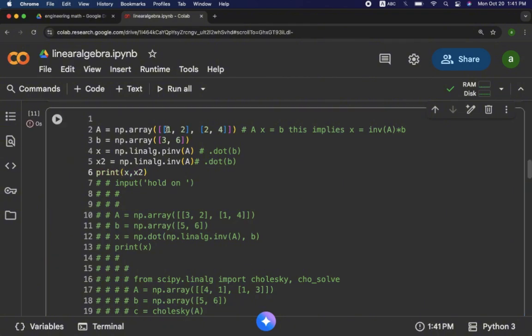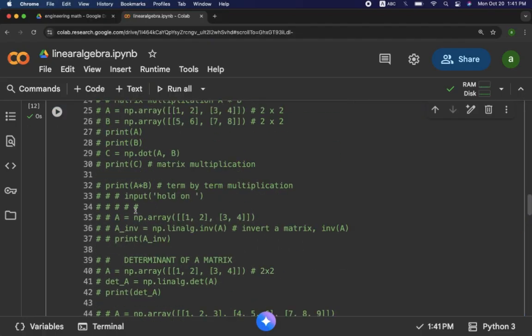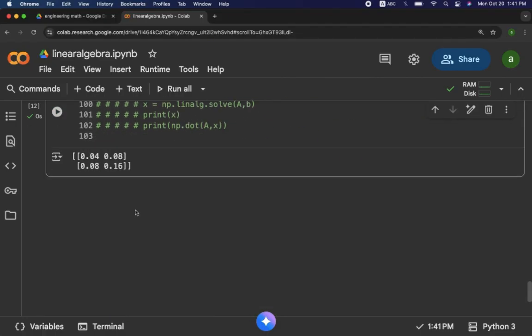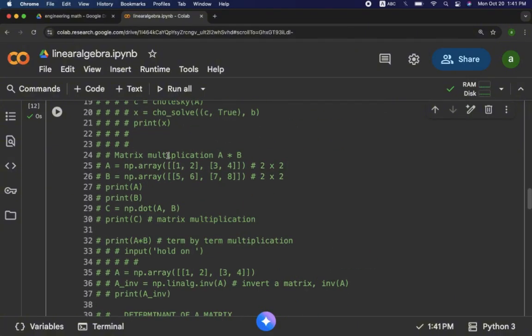So we have a 2 by 2 system as usual, and then we have the right-hand side. Well, this is the same, sorry, I can comment out. So we can check the solution down below here. That's our x.